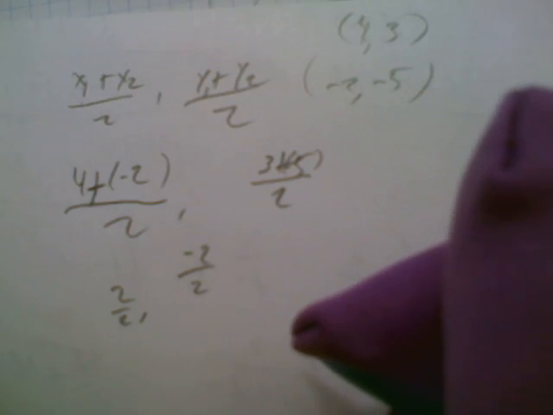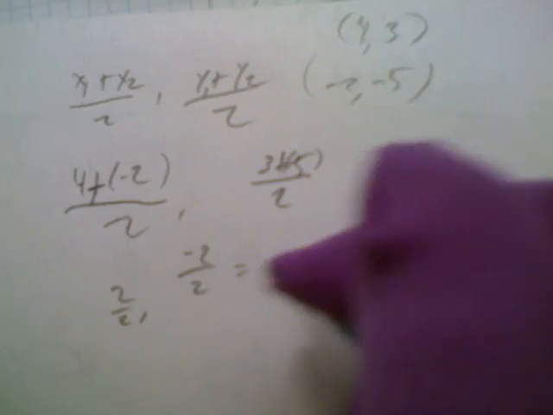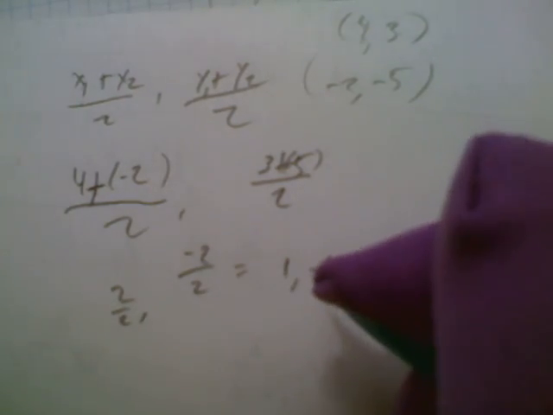Then it's just order of operations. This is 2 over 2, and this is -2 over 2. Pretty simple. So my midpoint is (1, -1).